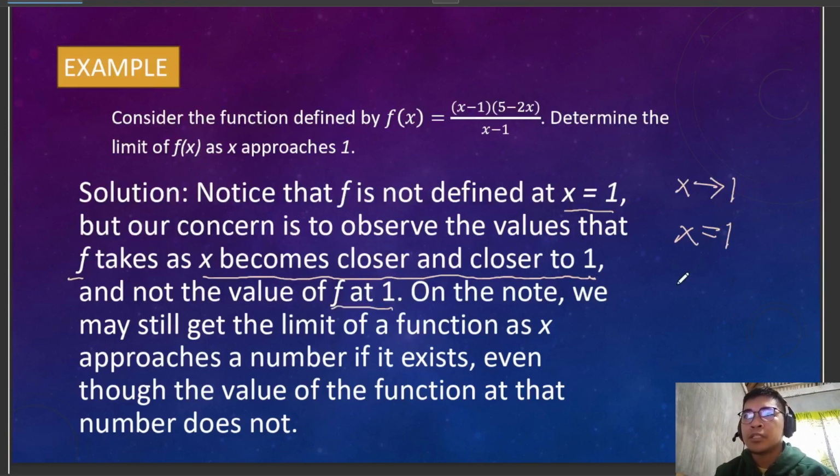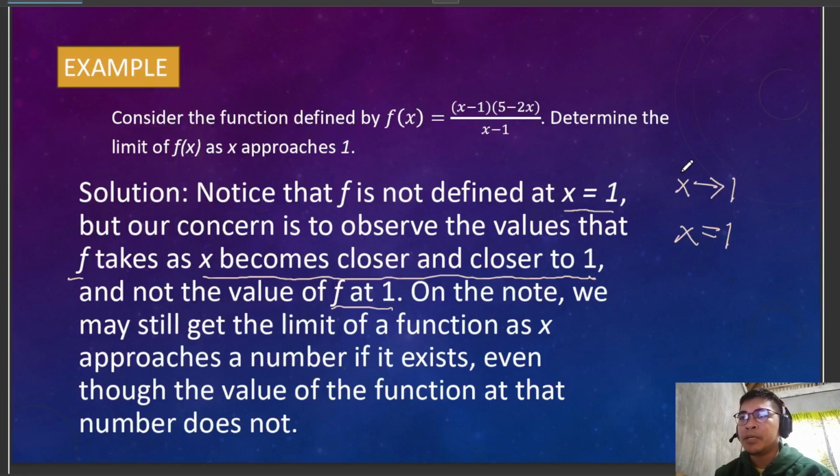The symbol equals is different from approaches. When we say approaches, it is getting closer to 1, compared to x equals 1. So on that note, we may still get the limit of a function as x approaches a number if it exists.